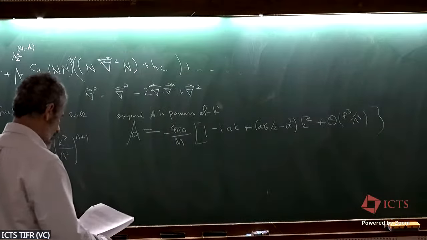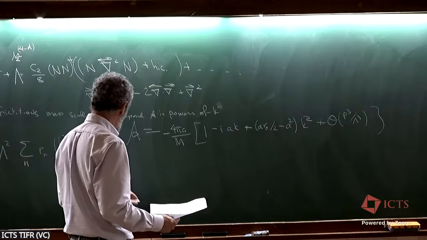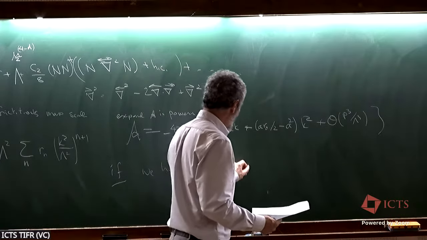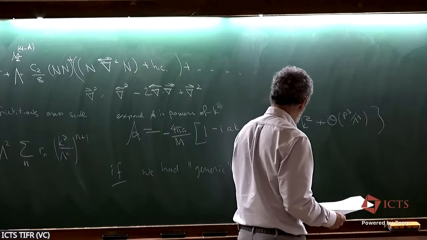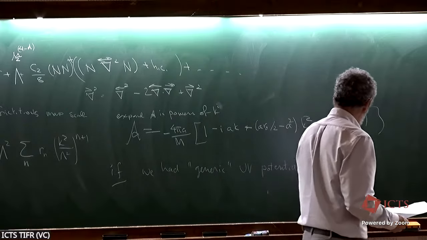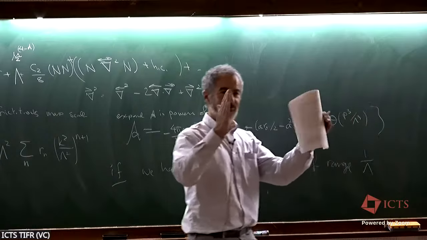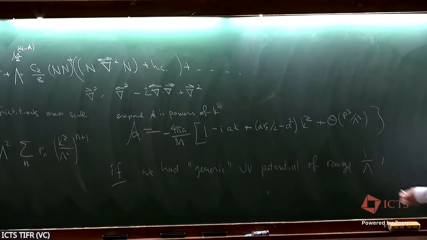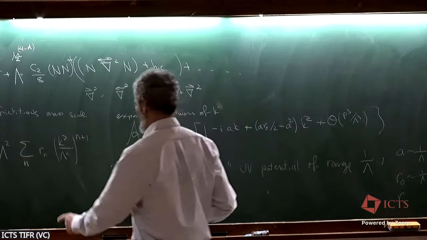Now, if we had a generic UV potential of range 1 over lambda, in the same sense that I mentioned earlier, that the potential is confined to a spatial size of about 1 over lambda, and as generic and not especially weakly coupled, then all the dimensional quantities would be set by lambda, and you would expect A would go like 1 over lambda, R naught would go like 1 over lambda, R1, the way I've defined it, is also of dimension length.